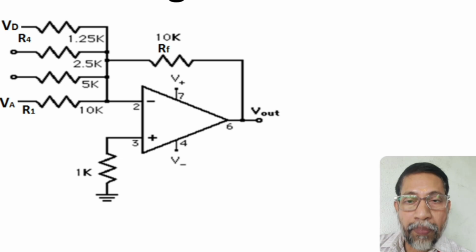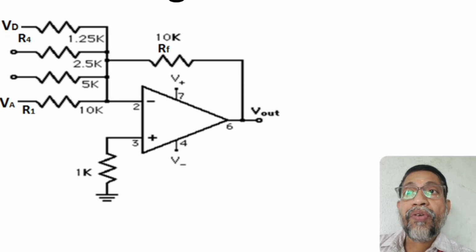Therefore, for 4 bits, 4 resistor values are required as inputs for the summing amplifier. The feedback resistance is 10 kilo ohms, RF, connected between the output terminal and the inverting input terminal.